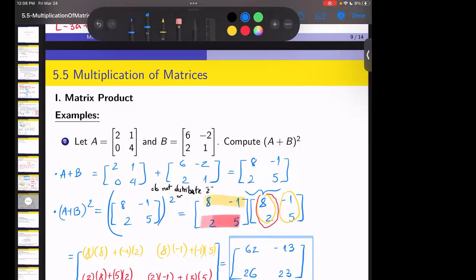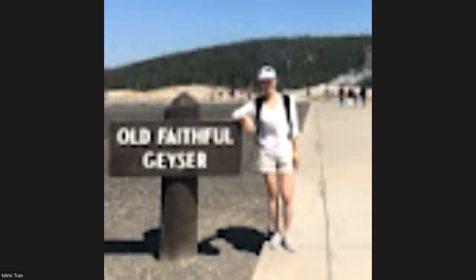Negative 1 plus negative... Same thing when you go to the second one. Finish, right? You're done. Now, second row, first column.